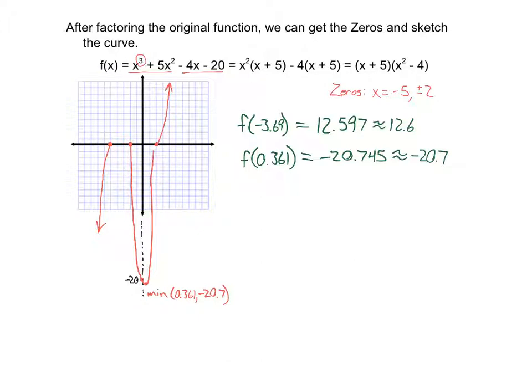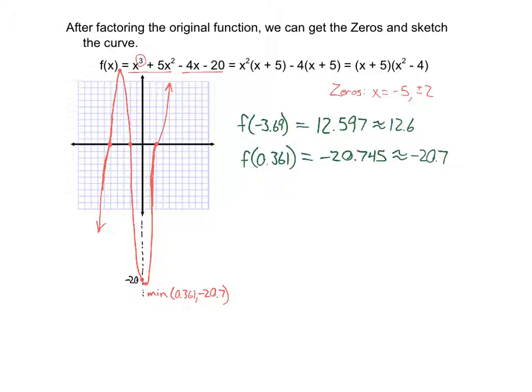Okay, so now I know that this graph looks like this. Okay, and just do your best to sketch. Okay, I also know that the max is up at 12.6 at negative 3.69, so it's going to be somewhere right around here. Okay, so that's what the rest of this looks like.